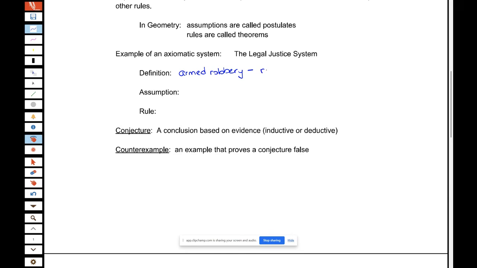So robbery with bodily threat via a weapon or convincing replica.